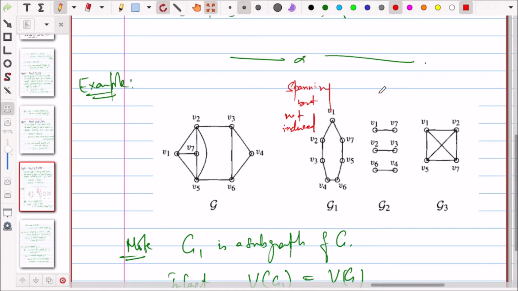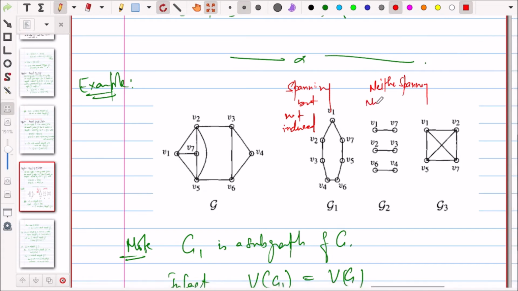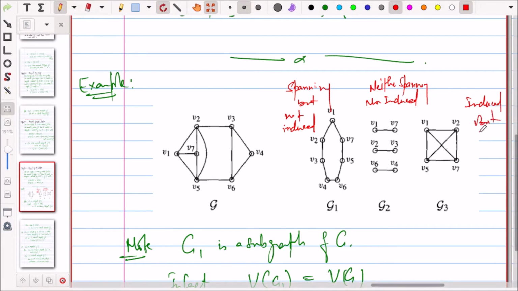This is neither spanning nor induced, and this one is induced but not spanning. Okay, so we have seen all the three examples.